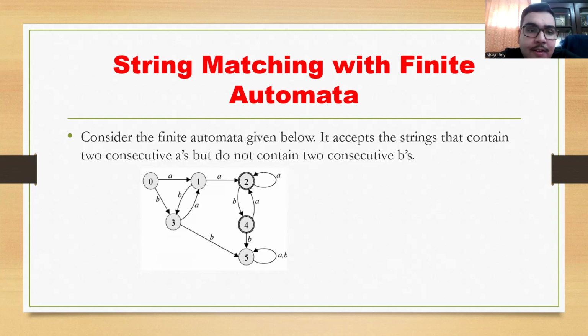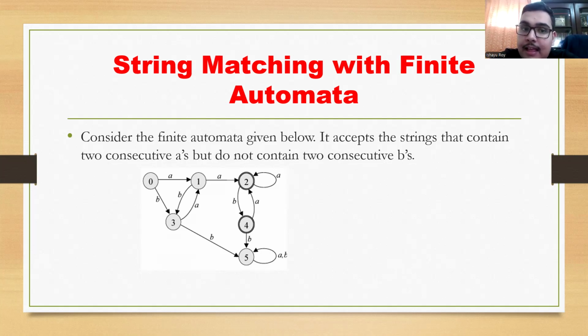On the other hand, if the starting symbol was a B, you are moving to state 3. And after 3, if you encounter an A, you can move to state 1, because then there is a possibility of finding another A which fulfills your condition of two continuous A's.